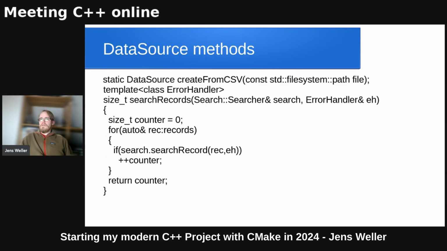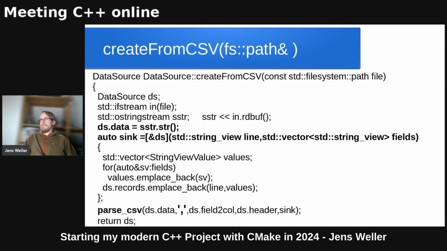The search records is just coding things and counting things and returning them at the moment. The interesting part is to create this class in its factory function. It gets a file system path and then creates it and returns this.